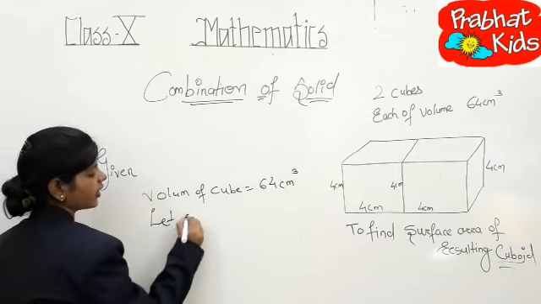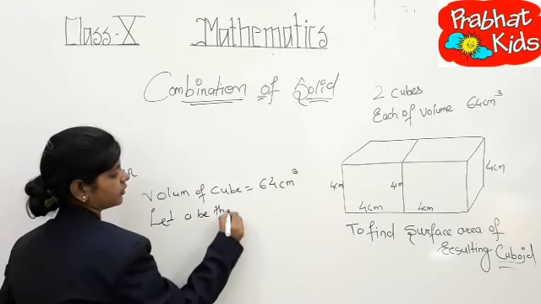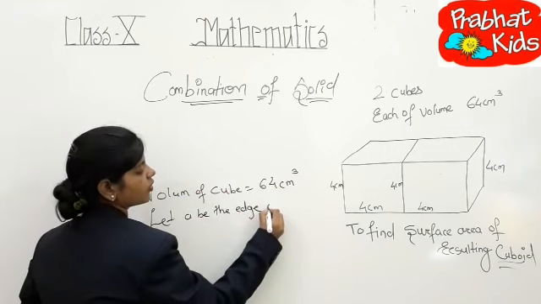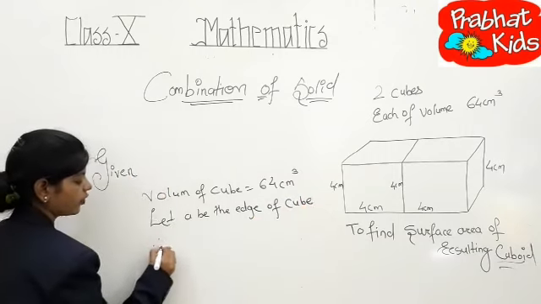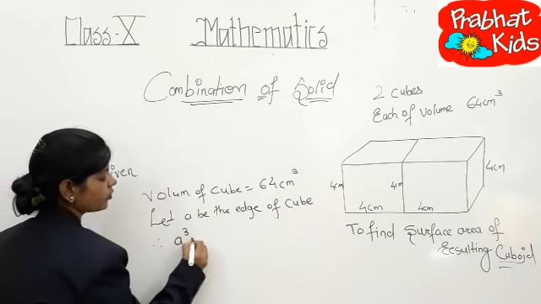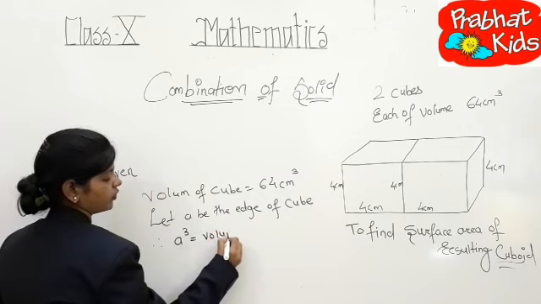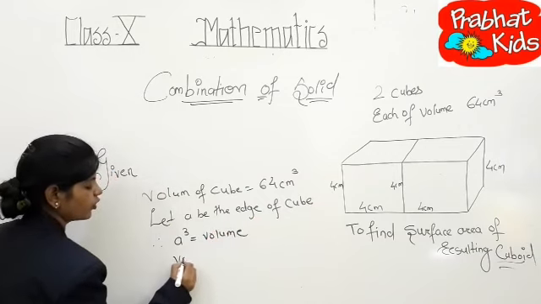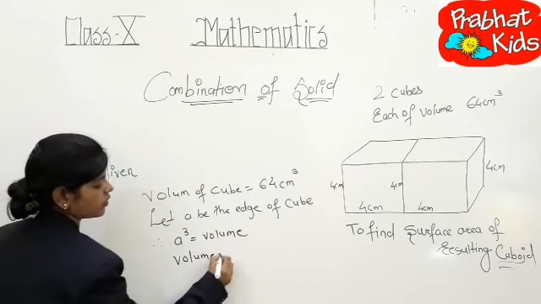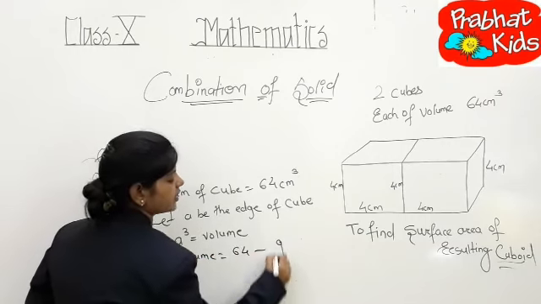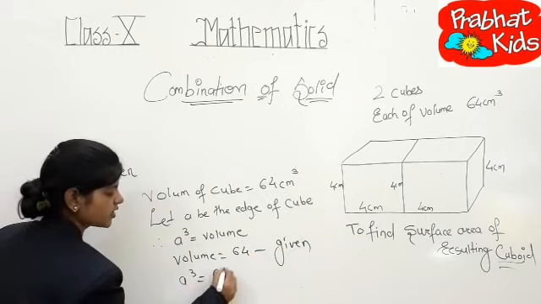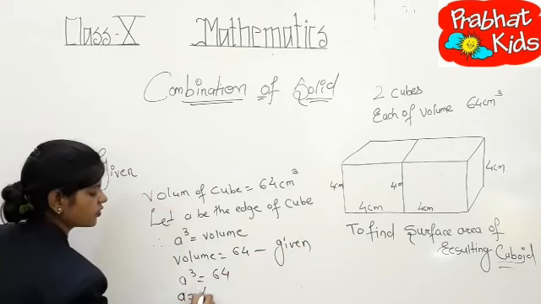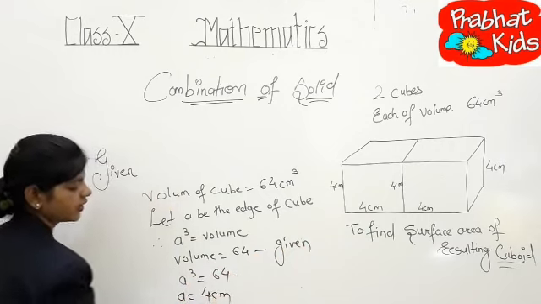Let A be the edge of the cube. Therefore A cube equals the volume, so A cube equals 64. So A equals 4 centimeter.